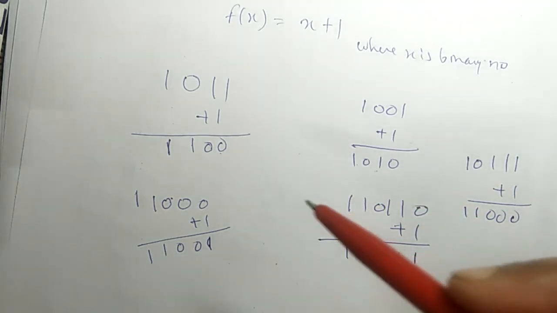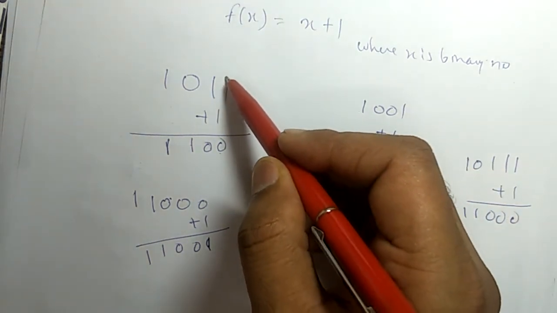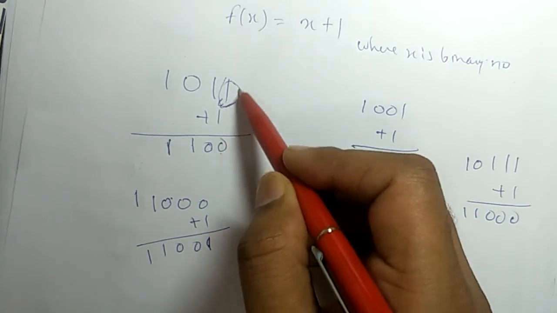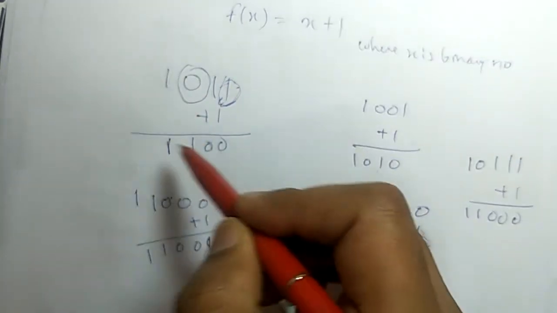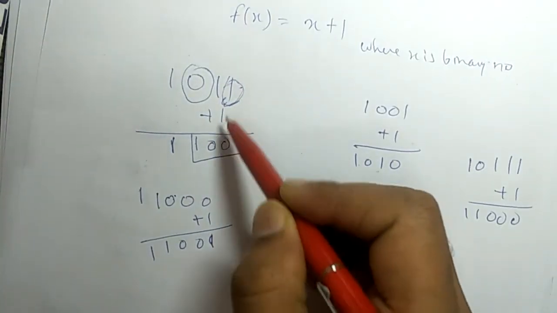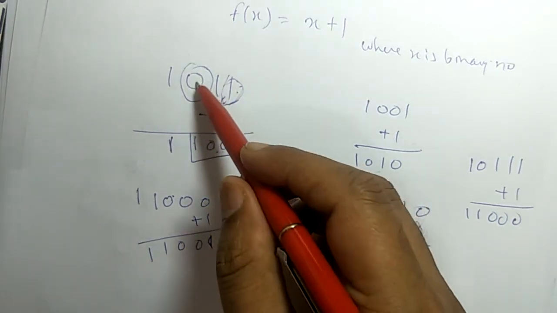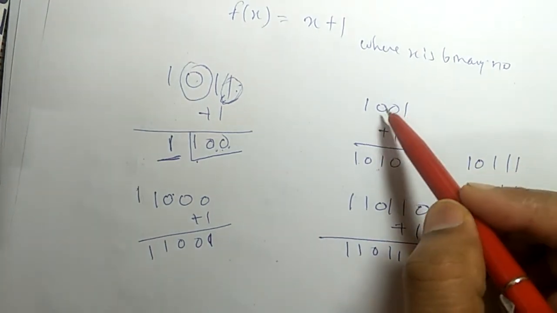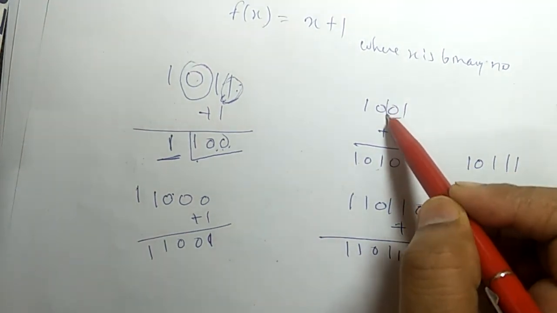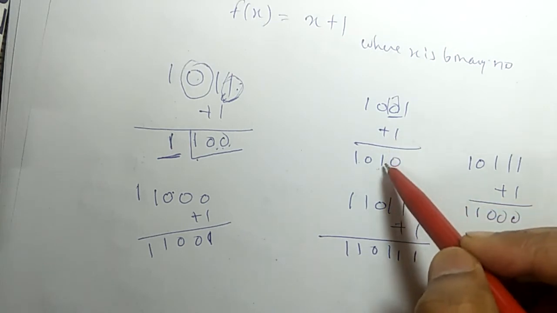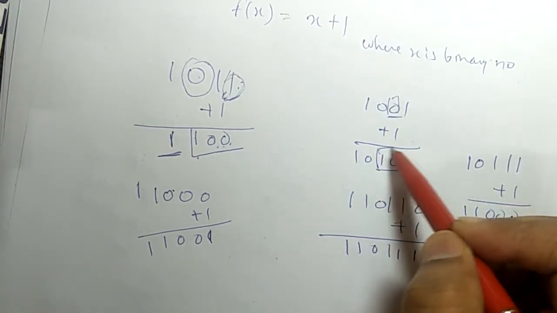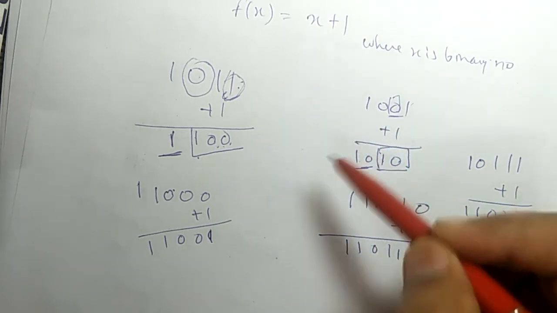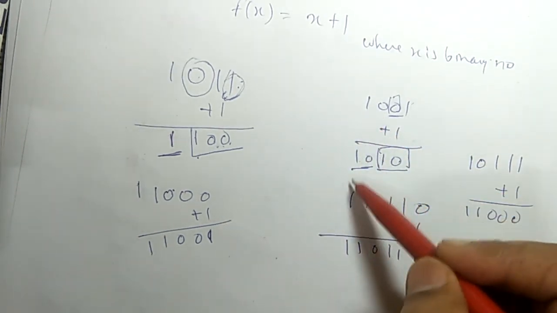If you look carefully, till the very first 0, it is doing complement: 1 to 0, 1 to 0 and 0 to 1, and everything remaining remains unchanged. From the right hand side, it does the complement, 1 to 0, 0 to 1, and everything remains unchanged. On the left, everything remains unchanged.